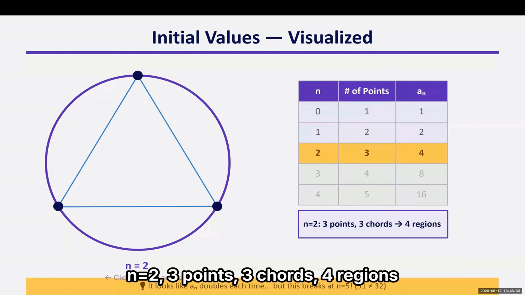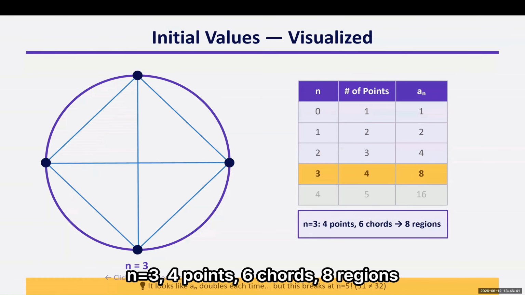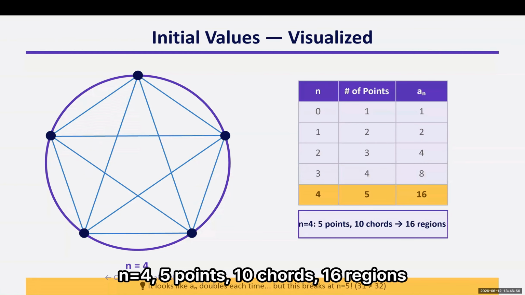N is equal to 2, 3 points, 3 chords, 4 regions. N is equal to 3, 4 points, 6 chords, 8 regions. N is equal to 4, 5 points, 10 chords, 16 regions.